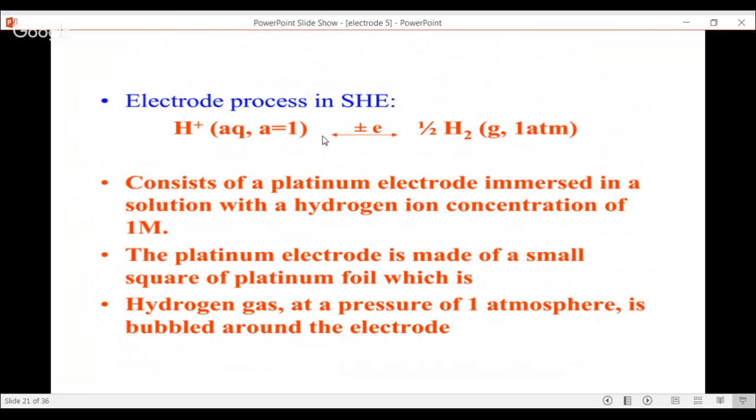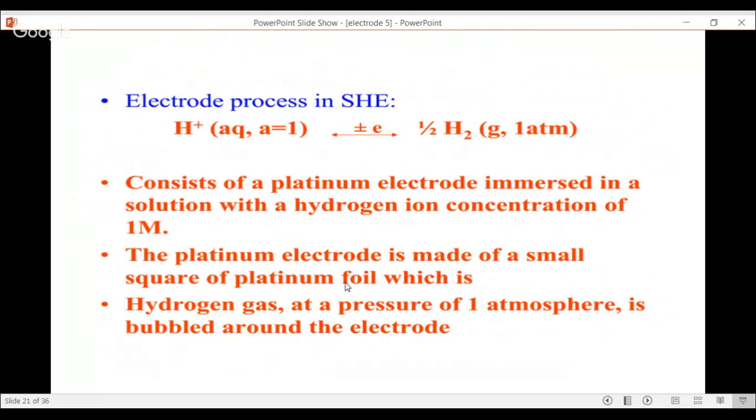This is the equilibrium reaction; if I subtract an electron, then hydrogen becomes H plus ions. It consists of a platinum electrode immersed in a solution with a hydrogen ion activity of 1. The platinum electrode is made of a small square platinum foil, and hydrogen gas at a pressure of 1 atmosphere is bubbled around the electrode.